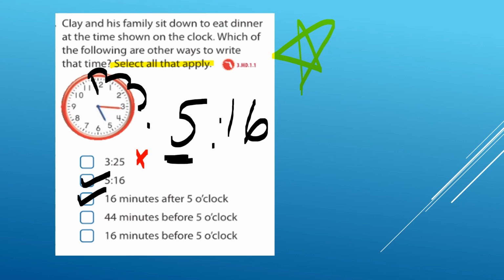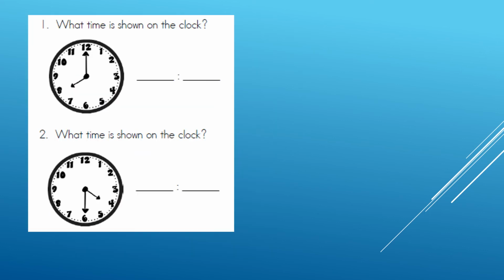We already said it was at 5, so that can't be my answer. 16 minutes before 5 o'clock. Wait a minute. Again, this says before 5. I'm already at 5 o'clock, so that's not my answer. So the only two answers I have are 5:16 and 16 minutes after 5 o'clock. And I have more than one answer.